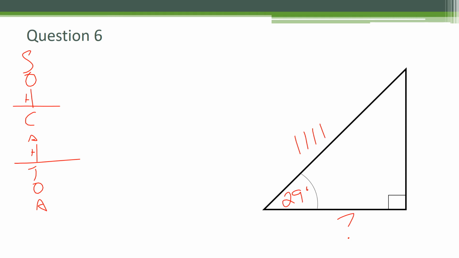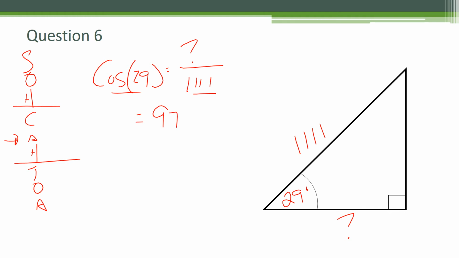I'm working with the adjacent and the hypotenuse. So that's going to be cosine. So the cosine of 29 is equal to the adjacent side, which we don't know, over the hypotenuse, 1111. In order to find the top one, I just multiply these two together. So it'd be 29 cos times 1111. You should get 972.